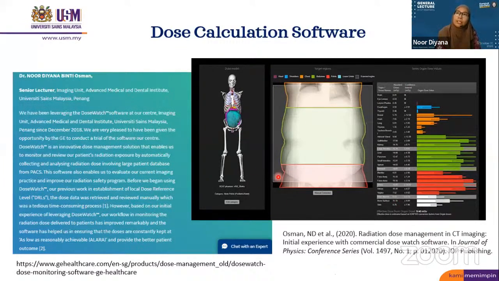Another interesting feature in dose watch is it can also calculate SSDE for you, and you can also get miscentering from your examination. Okay, so it is very good. And then we also got an offer from Ready Matrix.